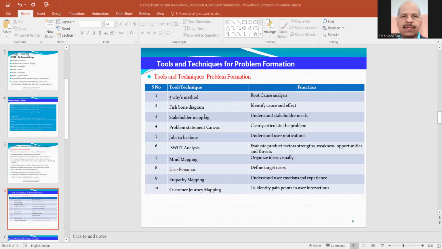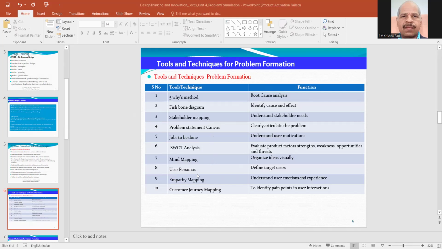The effect of the root cause can be identified in the fishbone diagram, converging into the root cause. In stakeholder mapping, we need to understand the needs of the stakeholders, different customers.